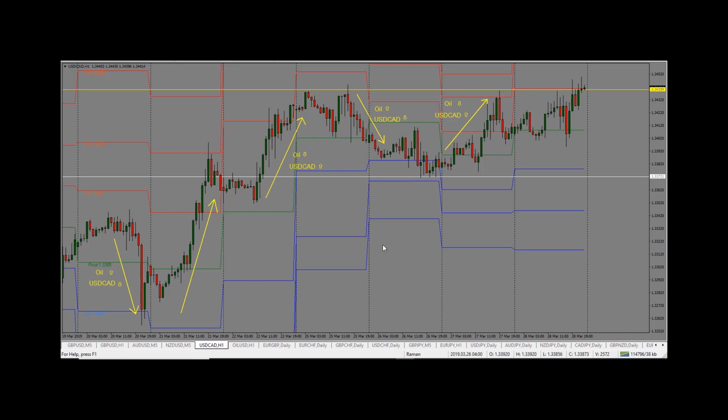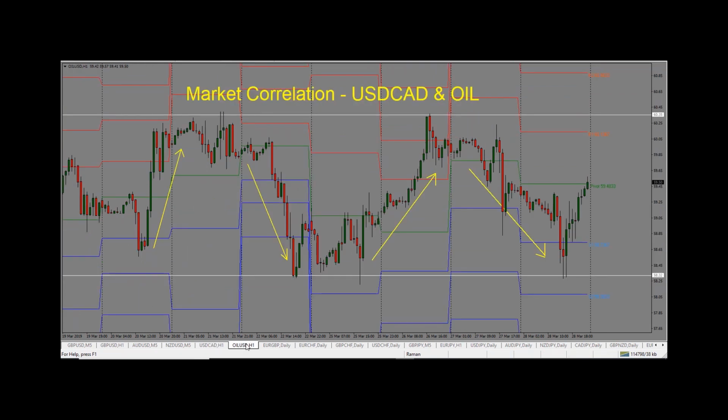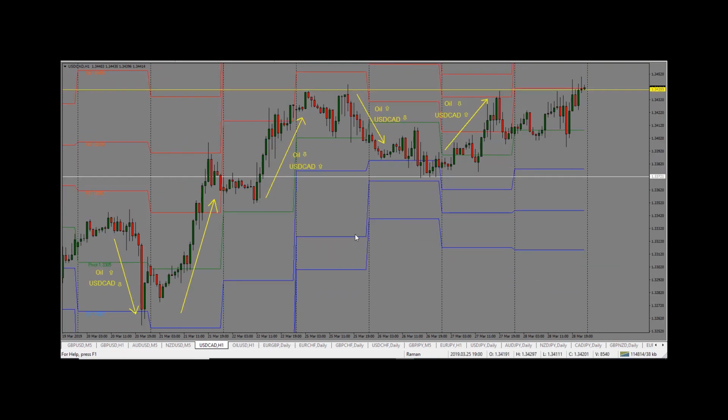So going back to our oil chart here, we notice that on 25th here, price of oil goes up. So when price of oil wasn't going anywhere, our dollar CAD didn't go anywhere under this chart here, but on the 25th of March here, price of oil went up, and we go to our dollar CAD chart and we see that on the 25th here, our dollar CAD went down.